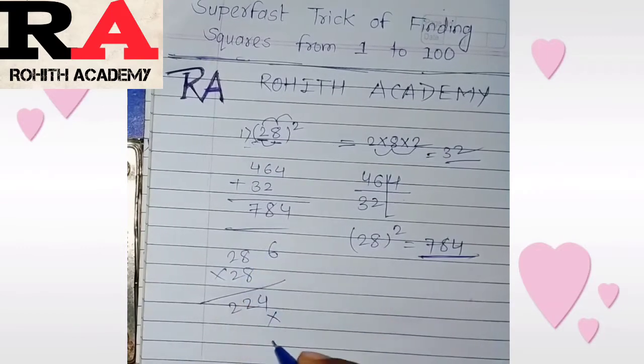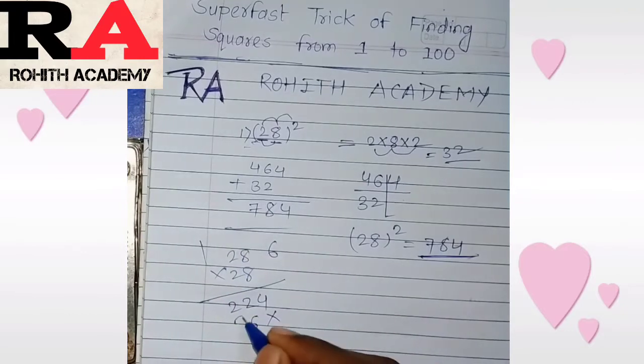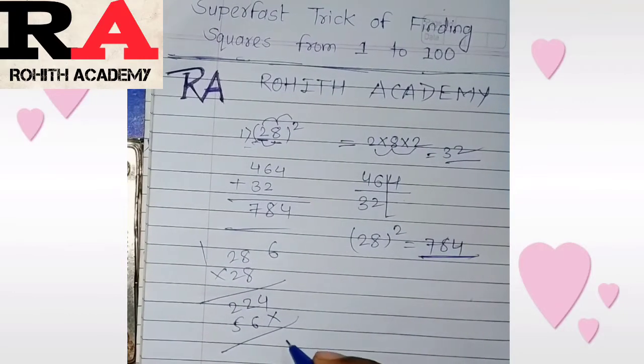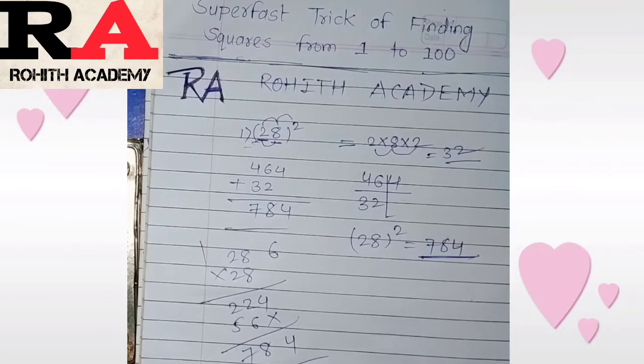Then 2 eights are 16 and 2 is 18. 2 twos are 4 and 1 is 5. So 784. See, our answer is correct. I hope you understood this proof. This trick is 100% correct.